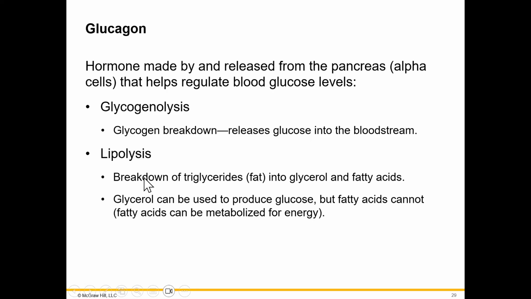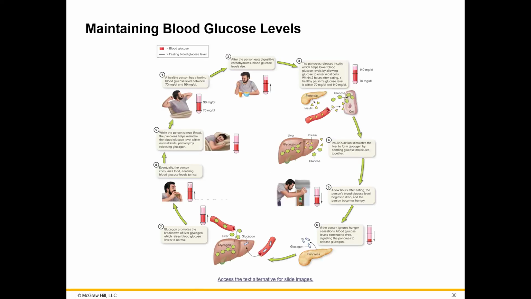It can also regulate your blood glucose levels through lipolysis, the breaking down of your triglycerides, certain fats, into glycerols and fatty acids that the body can then turn into glucose. Okay. So it's all part of your body's regulation of maintaining homeostasis. Okay, the body really wants to maintain a normal blood sugar whenever possible.